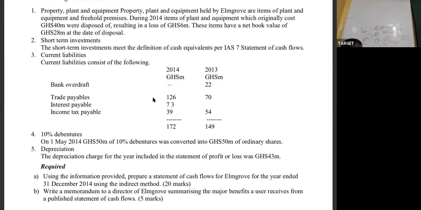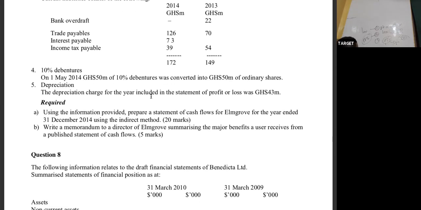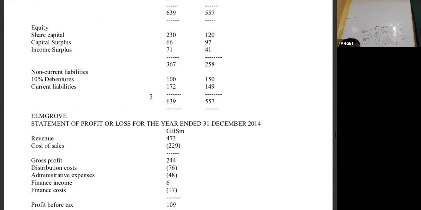Note 4, 10% debenture. On 1st May 2014, 50 million of 10% debenture was converted into 50 million ordinary shares. So now wait, go to the debenture and go to equity shares. They converted debenture into equity shares.